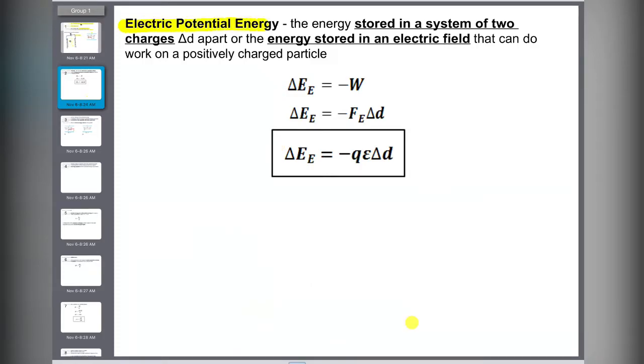Electrical potential energy is basically energy that is stored. The equation to find that is delta EE equals the negative work. We are going to talk about the positive and the negative work. So we rearrange and set up a new equation that is delta EE equals negative Q epsilon times delta D.